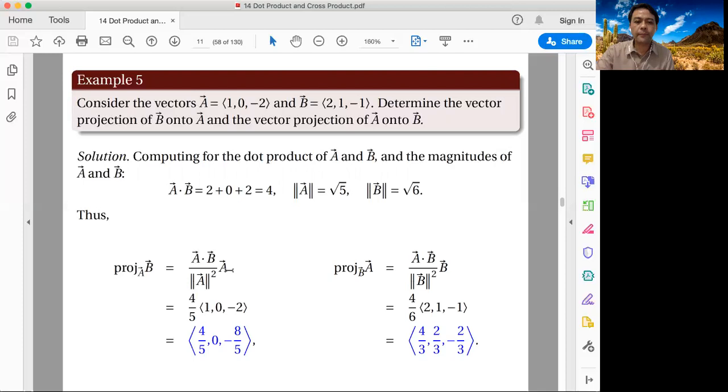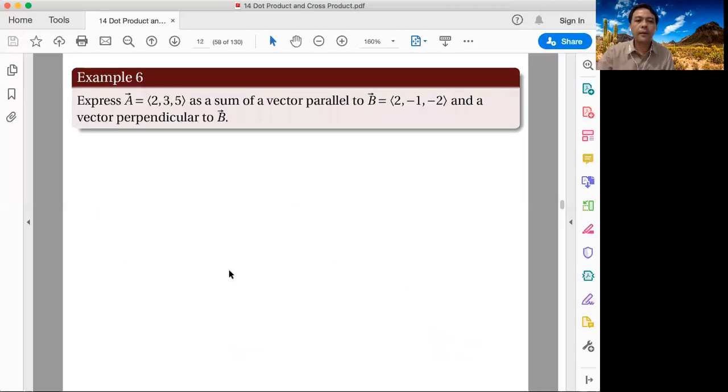Another example. Let us express the vector A as a sum of a vector parallel to B and a vector perpendicular to B. I hope you understand what we're trying to get here.